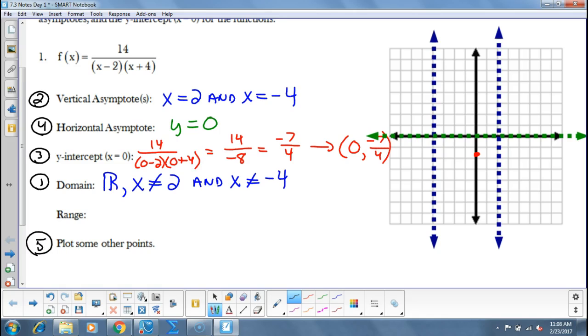So we're going to have to plot some points in these zones. So we need at least 2 points. So let's go -5 and -6 over in that zone. Find me what those 2 y values are.